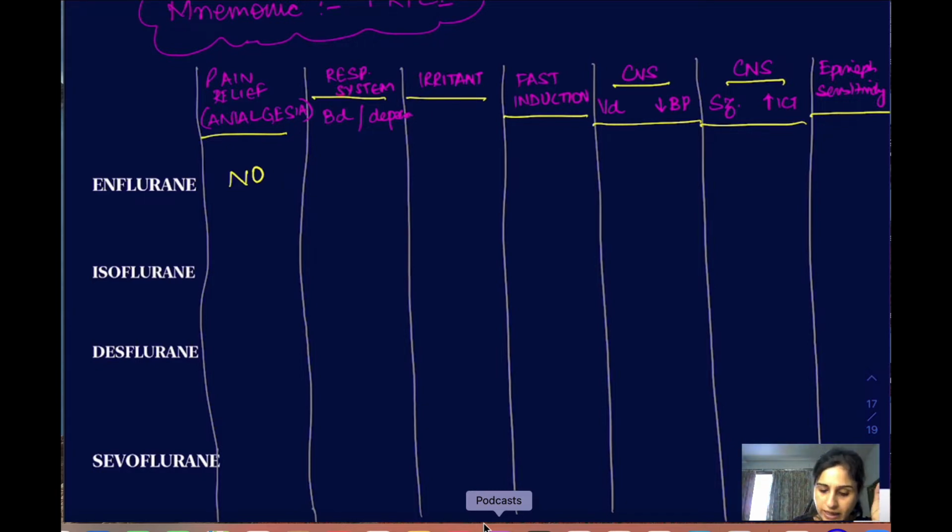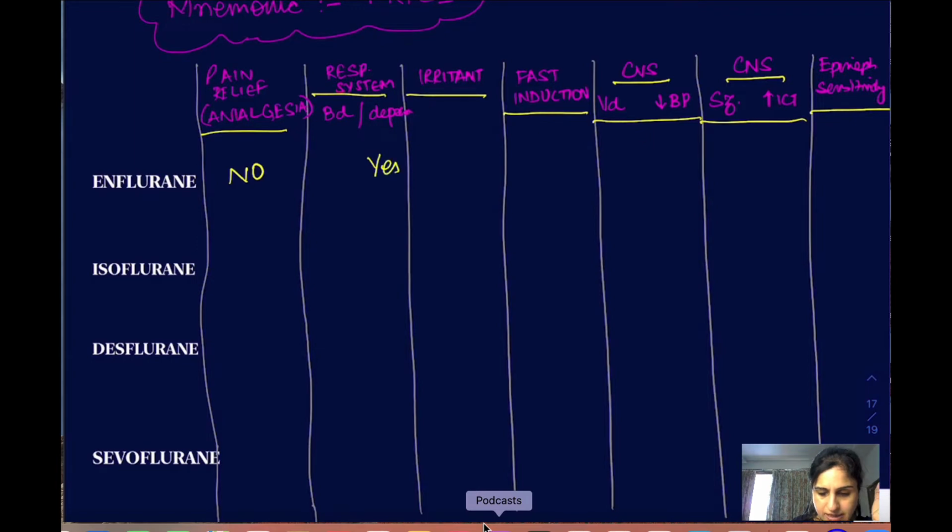For enflurane, yes, they are respiratory depressants, and yes, they are also bronchodilators, so they'll be good enough for patients with asthma. Next, whether they are irritant. If they cause irritation, laryngospasm, or bronchospasm, then you won't be able to use it as an induction agent, because if the patient has a lot of cough and laryngospasm when you're starting the anesthesia, the patient won't be able to accept it. Does enflurane cause irritancy? No, it does not. It is not an irritant, so it's better.